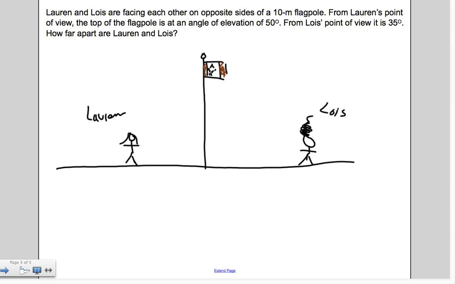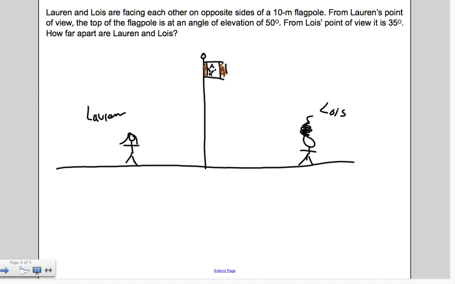Okay, so the idea is we have a perspective of where they are. What else are the words telling us? What about the angle? The bottom angles of where they are. Okay, so Lois is 35. Let's talk about from Lois to the top of the flag.